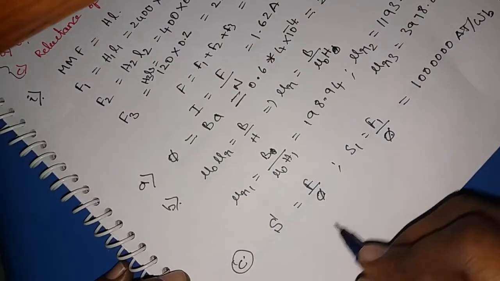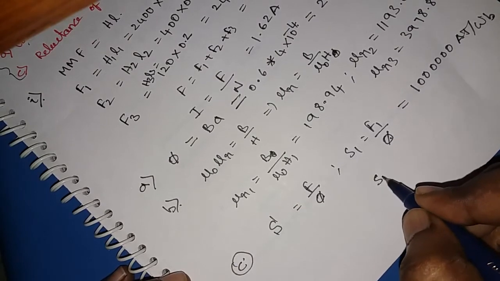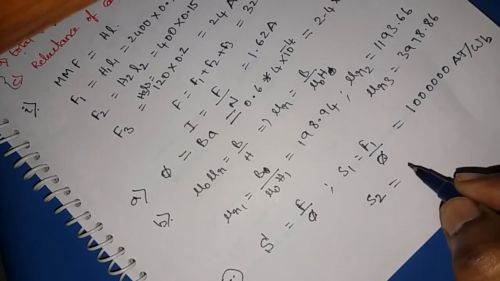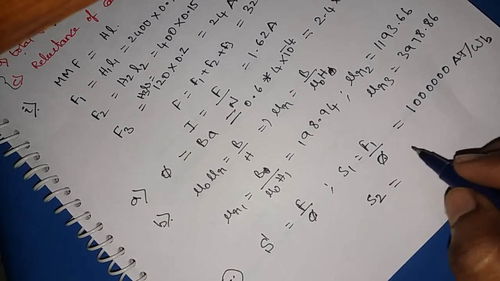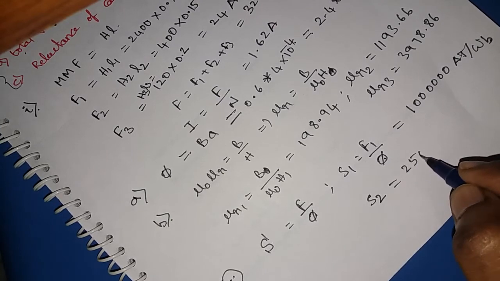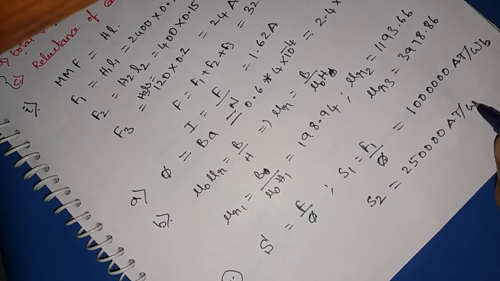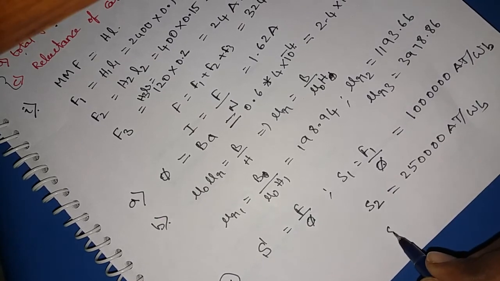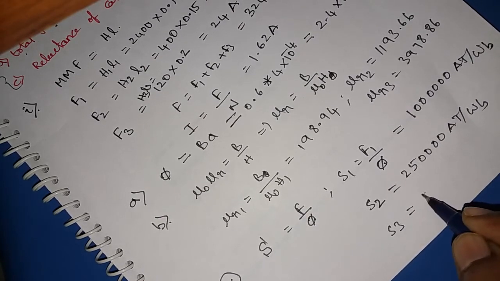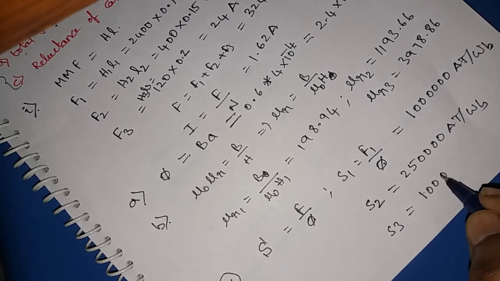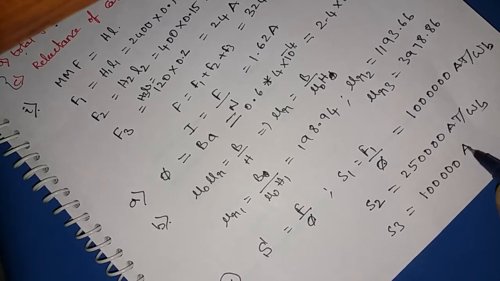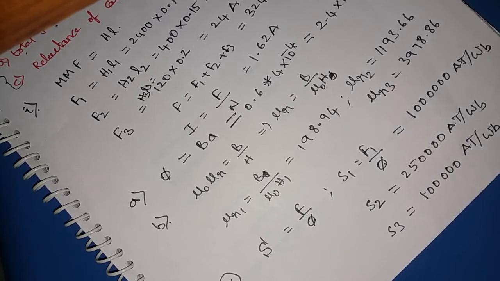Similarly, if you use the same formula for the remaining two, with phi the same, S2 is 25,000 ampere turns per Weber, and S3 is 100,000 ampere turns per Weber. This is how we can solve the problem for series and parallel networks.